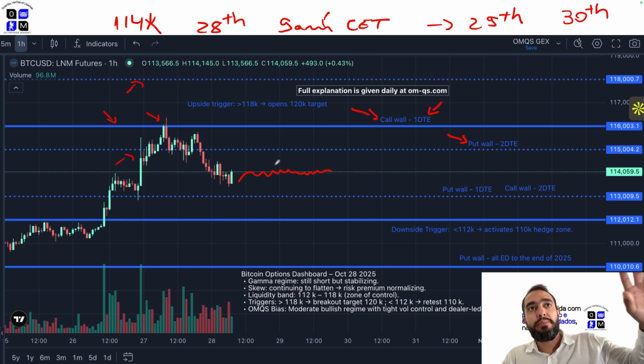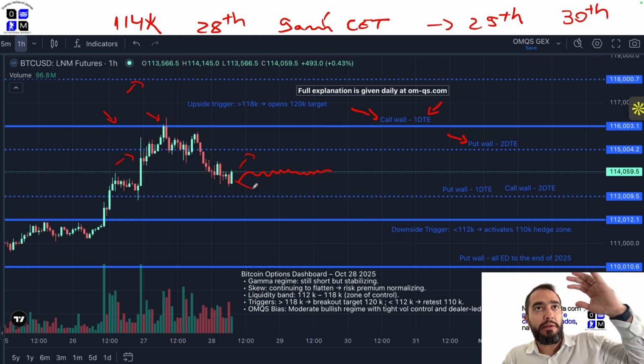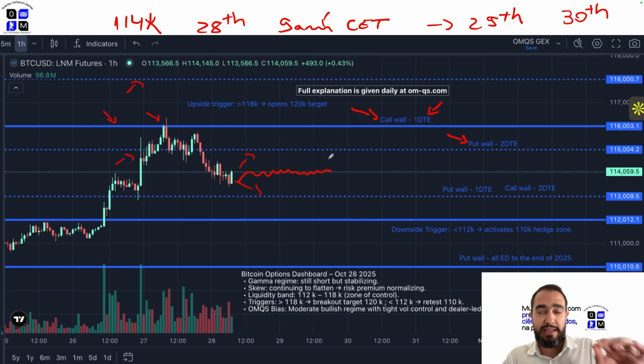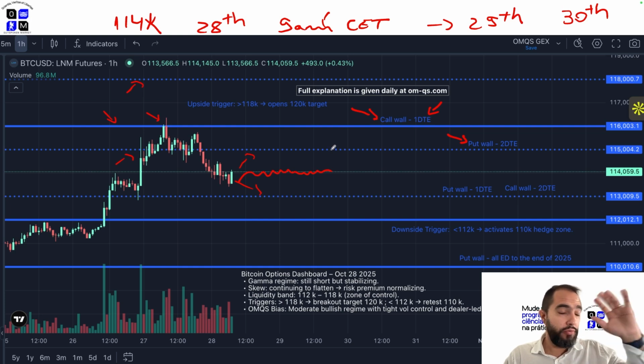Now, whenever the price moves, and it doesn't matter if it goes up or down, it will face action, resistance, or support at the levels that are marked within the lines.